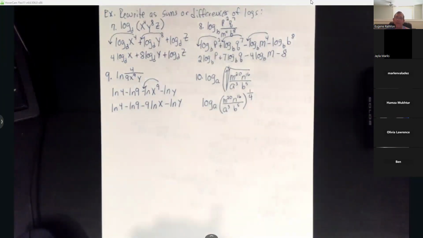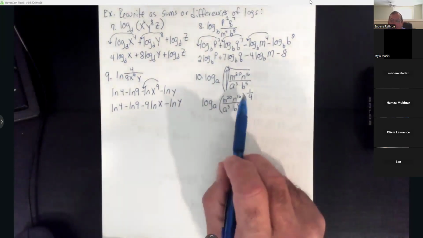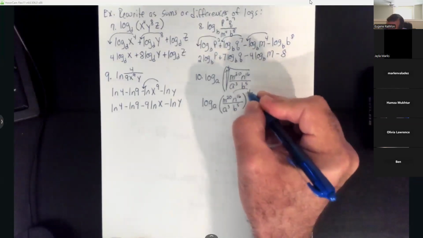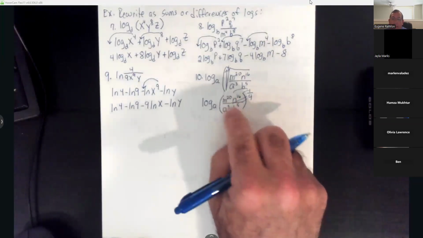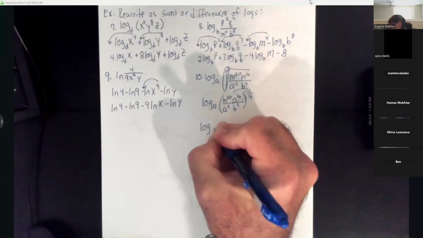Okay, y'all, so remember, radicals will turn into fractional exponents for us, okay? All right, now, our next trick, we need to distribute that 1/4 and multiply by every exponent in here. So bring down my log A.